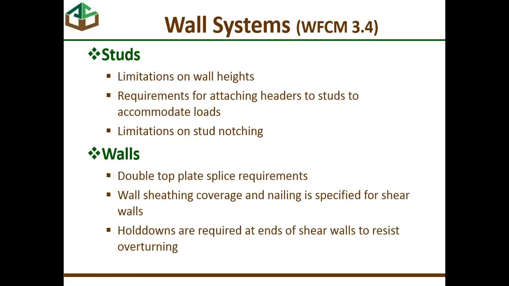There are double top plate splice requirements for walls, so depending on the wind speeds, there's a splice length requirement, and that's to make sure that the diaphragm stays together. There is wall sheathing coverage and nailing that's specified for shear walls, and hold downs required at the end of shear walls to resist overturning of the loads.